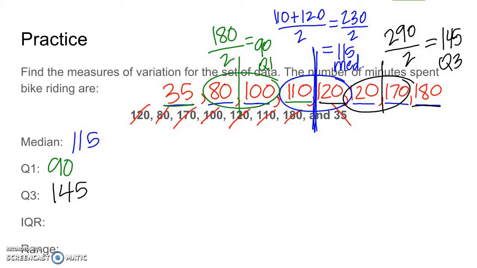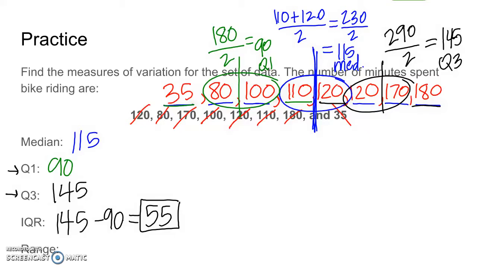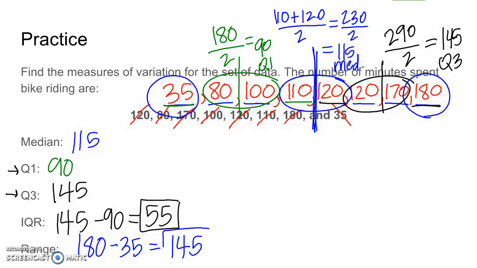Now, to find the interquartile range, remember I subtract Q3 minus Q1, 145 minus 90, and that's going to give me 55 as the IQR, the interquartile range. And then the range, I just subtract the biggest minus the smallest number in my data set. So 180 minus 35, that's going to give me 145.